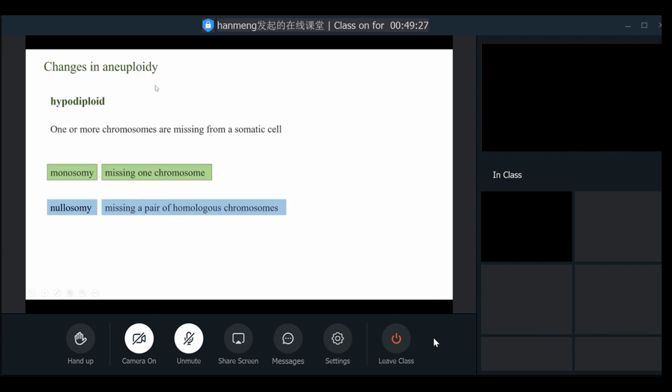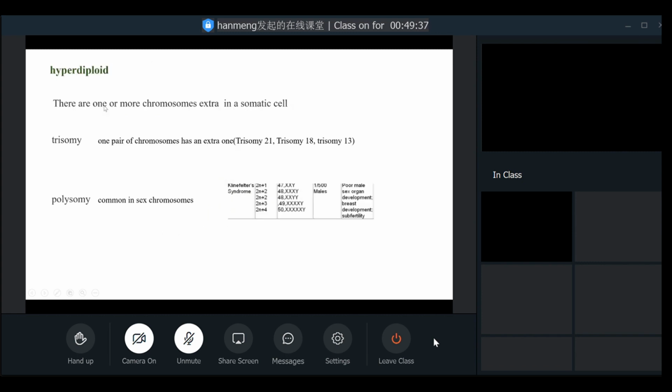If one or more chromosomes are missing, it is named the hypodiploid. And if one or more chromosomes are extra in a somatic cell, it is named the hyperdiploid. In this condition, there are the trisomy and the polysomy.